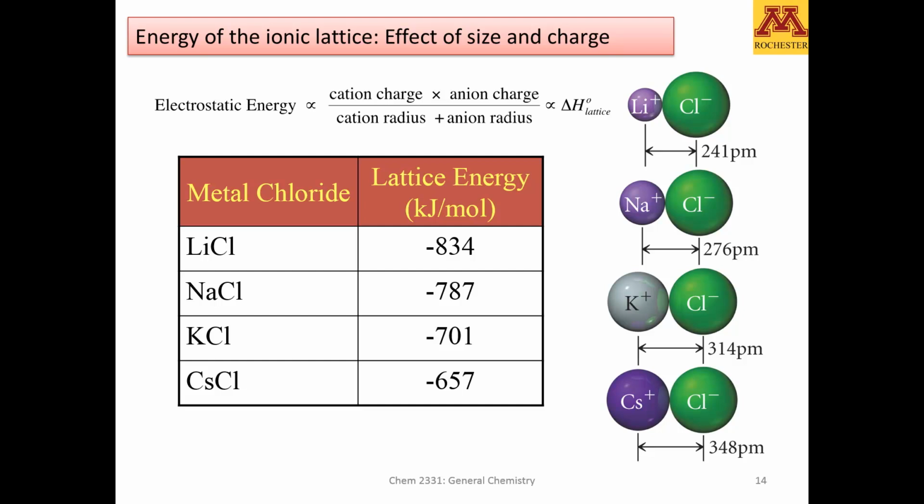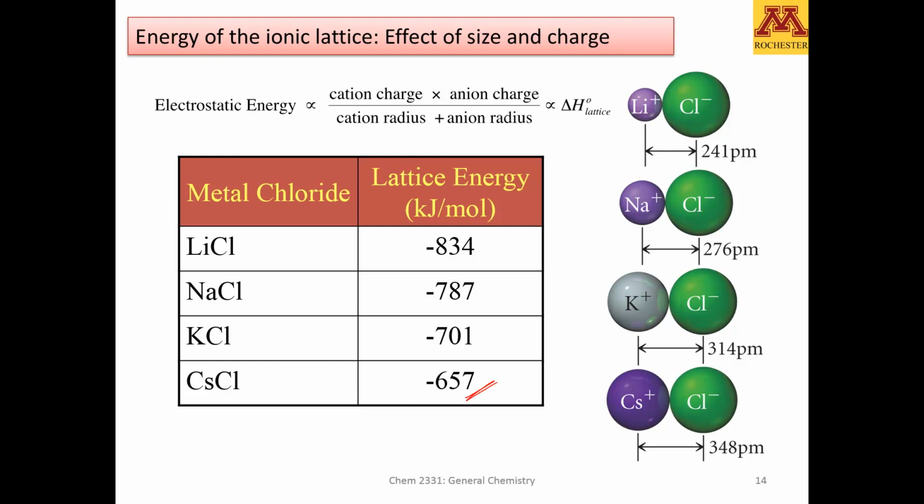If you compare the lattice energy of the chloride ionic compounds going through the first column of the periodic table, you may well remember that lithium is smaller than sodium, this one is smaller than potassium, this one is smaller than cesium. How is that reflected in the lattice energy?